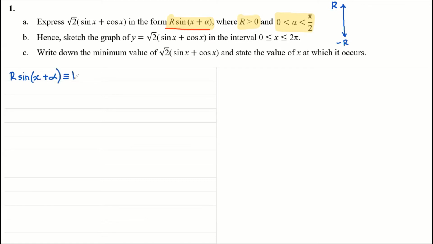So that's going to be identical to r, and then we're going to break it open as we saw earlier. So that's going to be sine x cos alpha, making sure we use the correct identity, added to cos x sine alpha. They just swap around.